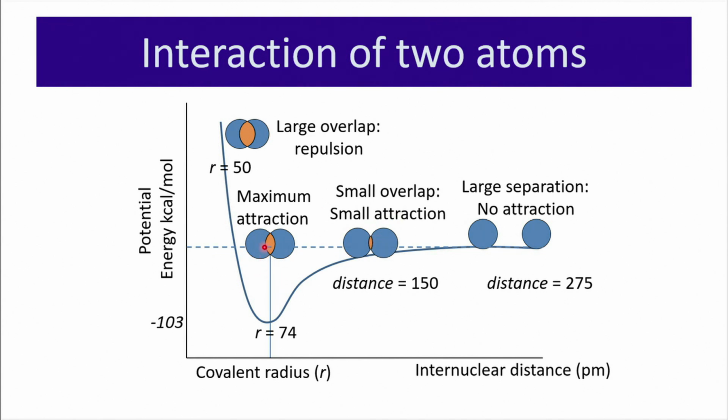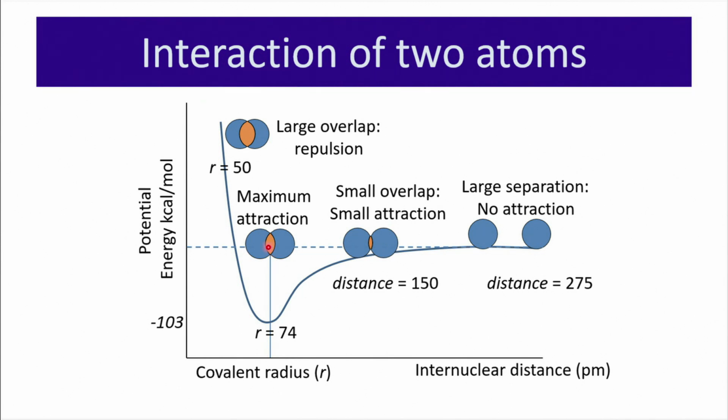And at 74 picometers, the covalent radius of hydrogen, there is a maximum attraction leading to the lowest energy. What we have seen from this potential energy diagram is minus 103 kilocalories per mole. In other words, there is a maximum attraction leading to the lowest energy for this particular arrangement.